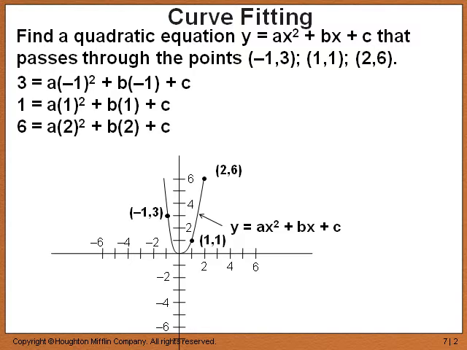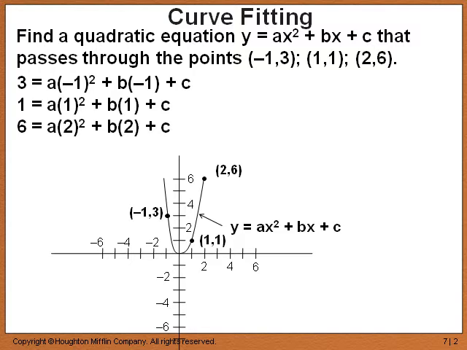So looking at the first row of this system, 3 equals a times -1 squared plus b times -1 plus c, we can see that all we did is plug in the x and y value for that first point into the general form of ax squared plus bx plus c.